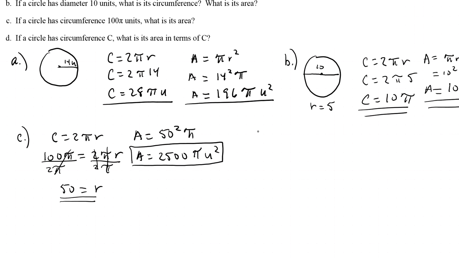Alrighty, and then D says if a circle has a circumference C, what is its area in terms of C?